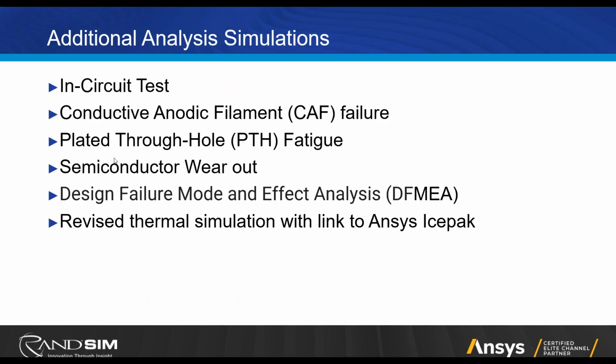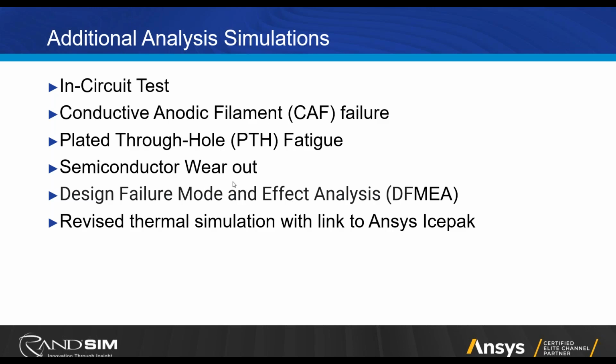So here are some of its other capabilities. You can do in-circuit testing, CAF failure, conductive anodic filament failure. This is kind of similar to electromigration, but it's an electrochemical effect that causes bridging of two conductors. Plated through-hole fatigue.